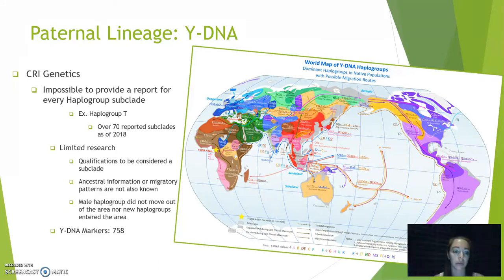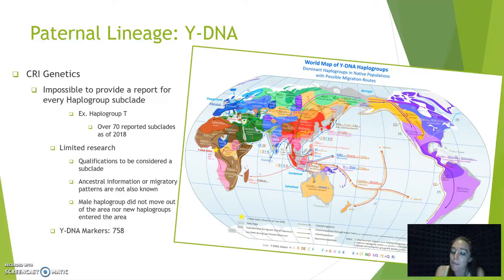For example, the entire T haplogroup only has 70 reported subclades as of 2018. That's just one haplogroup, not any of the other 19. There is also limited research in terms of qualifications to be considered a subclade. Over time we will be getting more as more mutations occur, but they need to fill certain requirements.